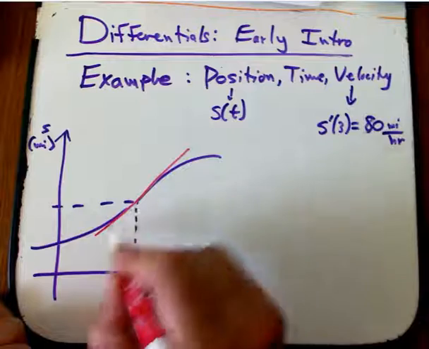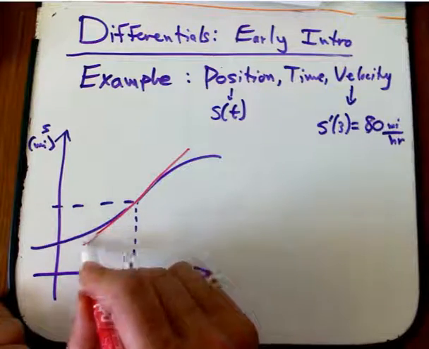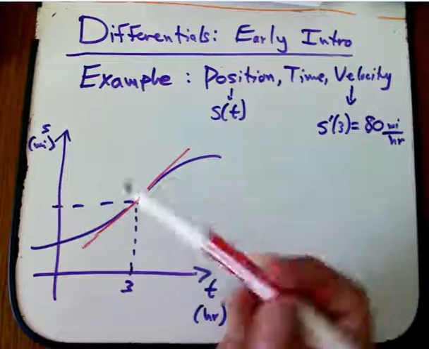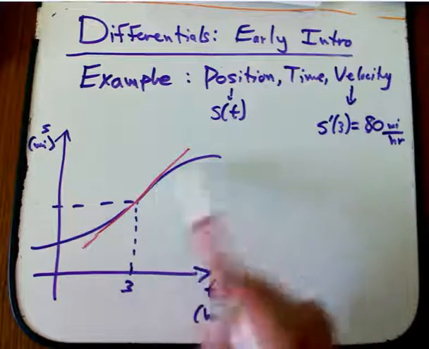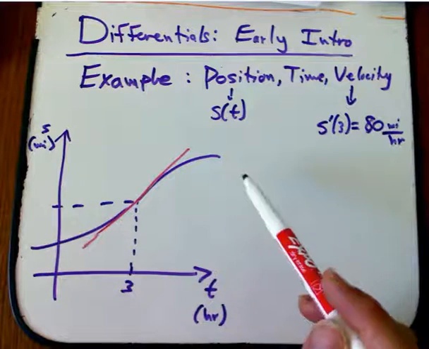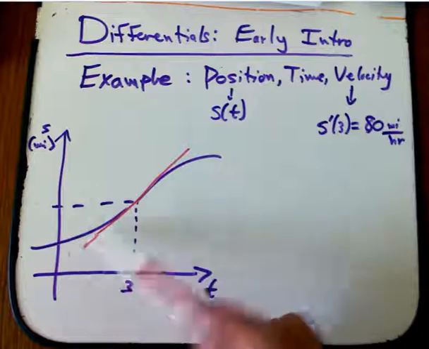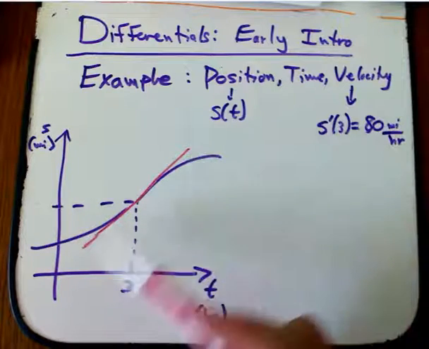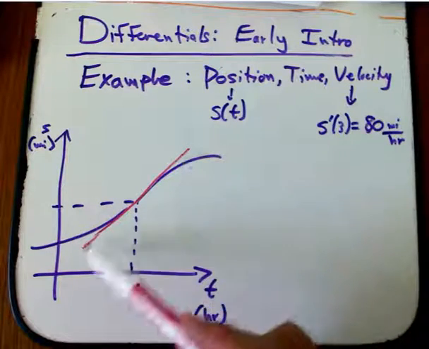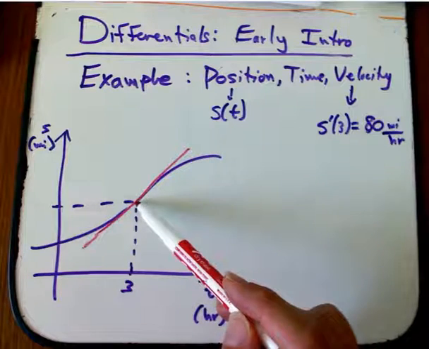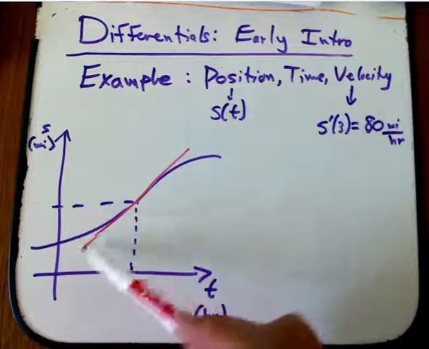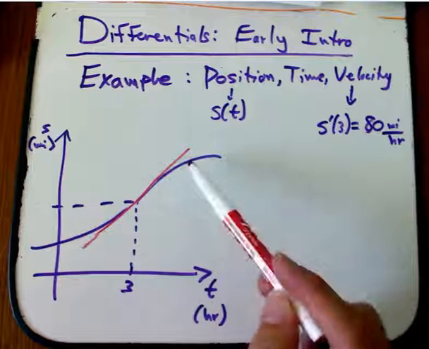All we know is that if we took the tangent line to this function, one perspective here is to erase the purple curve, erase s of t completely, and pretend that what this car was doing on the highway was going through this location at this time and going 80 miles an hour forever.